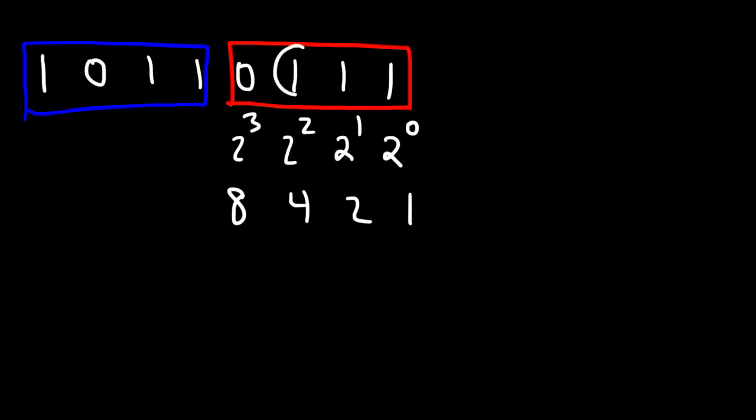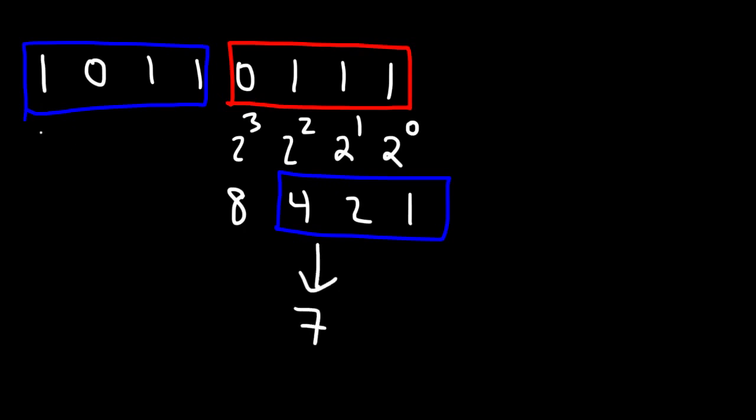And then we have 1 times 4, and then 1 times 2, and 1 times 1. So basically, we just need to add up these numbers because they carry a 1 with them. So the binary number 0111 correlates to 7 because 4 plus 2 plus 1 is 7.